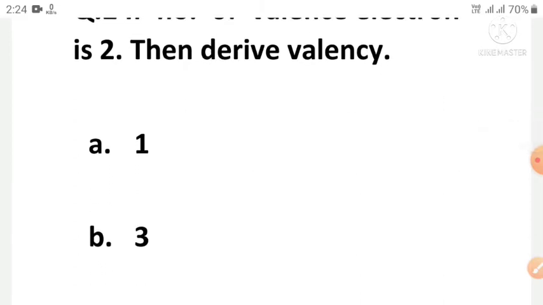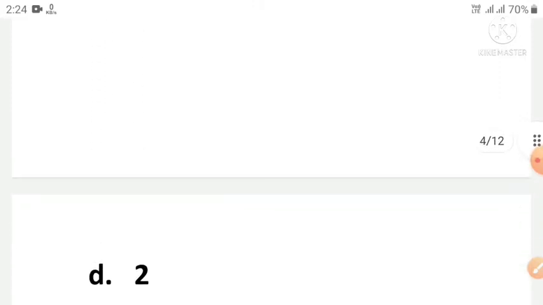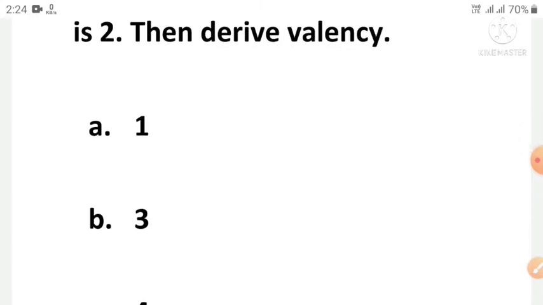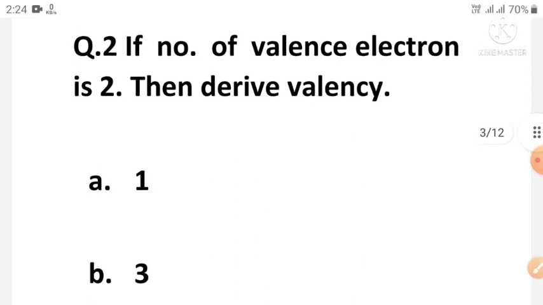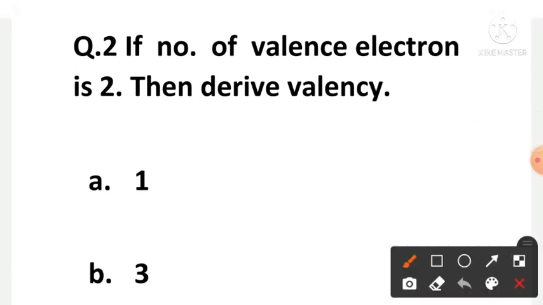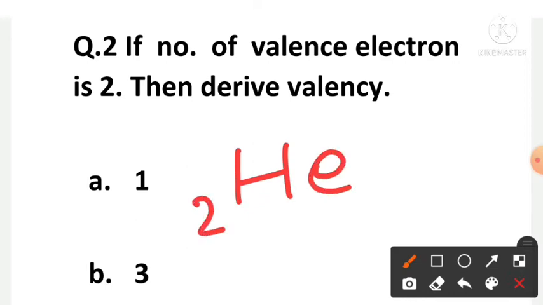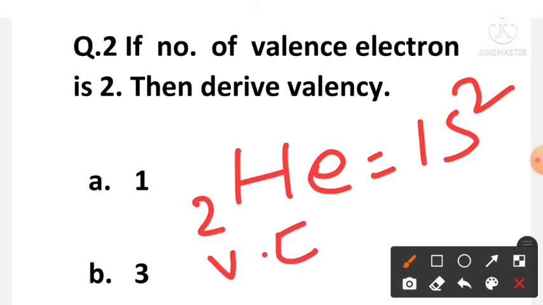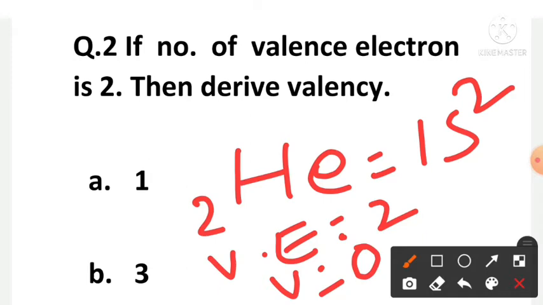Here 4 options have been given: A 1, B 3, C 4 and D 2. Escape helium. Because we know that helium is inert, the Z of helium is 2, so we write 1s2. Here valence electron is 2, but valency is 0 because it is an inert gas.